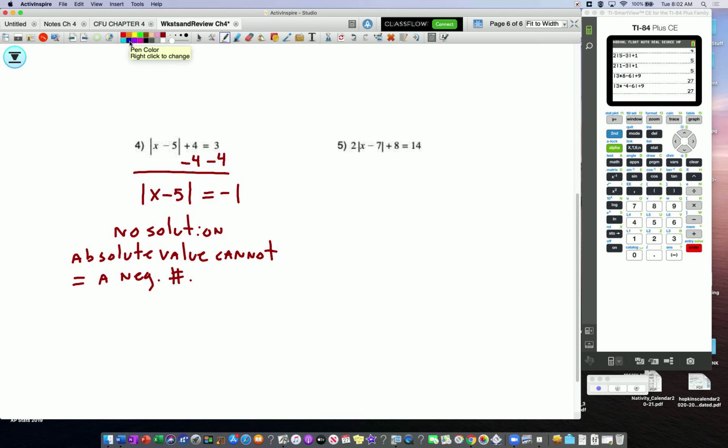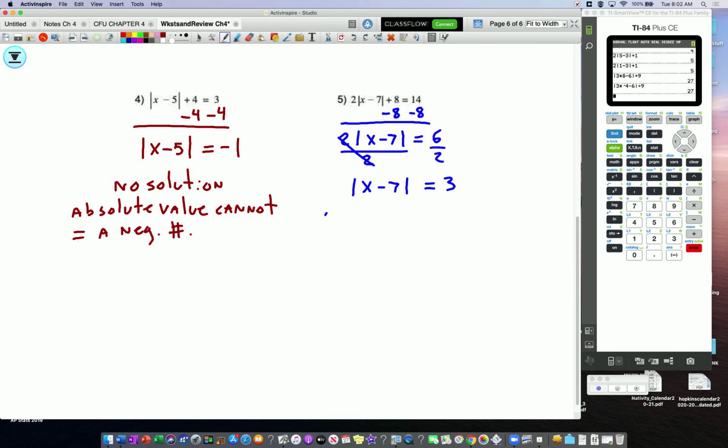All right, last one. Same process, just a little more math. So first thing I need to do is subtract 8 from both sides. So I have 2, absolute value of x minus 7 equals 6. Now divide both sides by 2. Absolute value of x minus 7 equals 3.